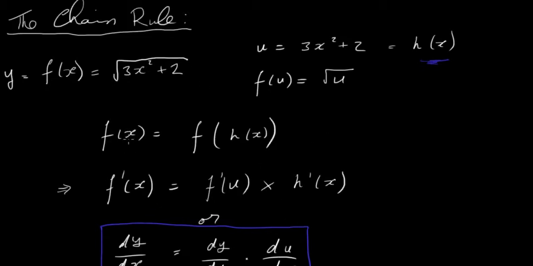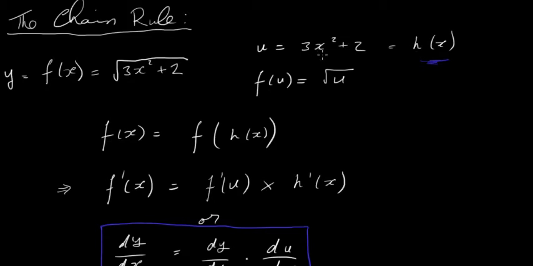Now if we differentiate this, we just simply end up with the differential of f of u, multiplied by what we get when we differentiate h of x. So all we're really doing here is differentiating this.